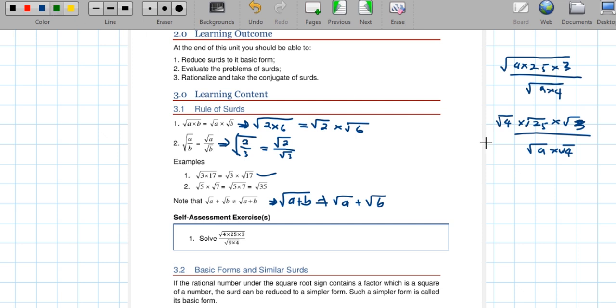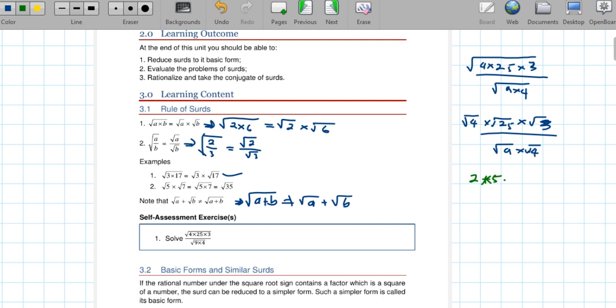Alright, so you see that the square root of 4 is 2, times the square root of 25, which is 5, times the square root of 3, dividing by the square root of 9, which is 3, times the square root of 4, which is 2.